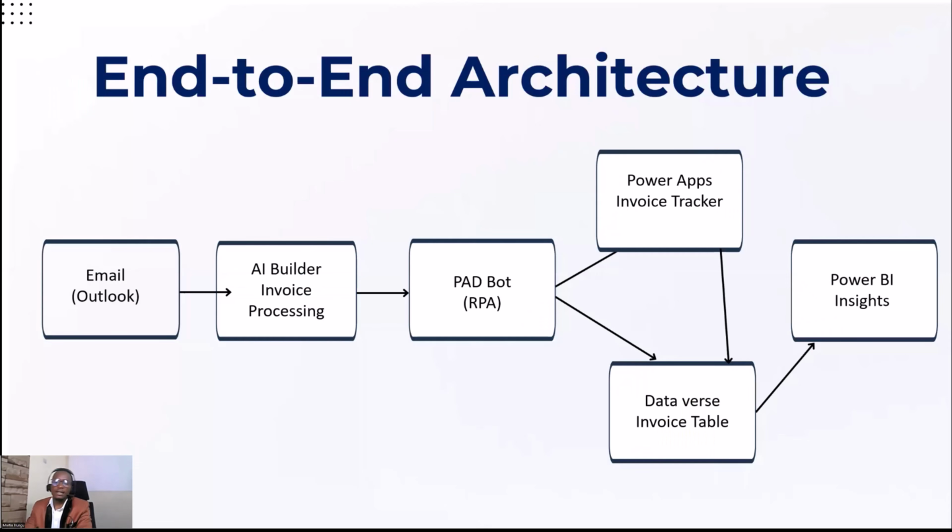This is the end-to-end architecture of how that looks. We have the flow starting from our emails, where when someone sends us an email, it will trigger AI Builder to process the invoice and capture specific information, and then the RPA or DPA in this case will transfer that information from AI Builder either to Power Apps or a Dataverse table.